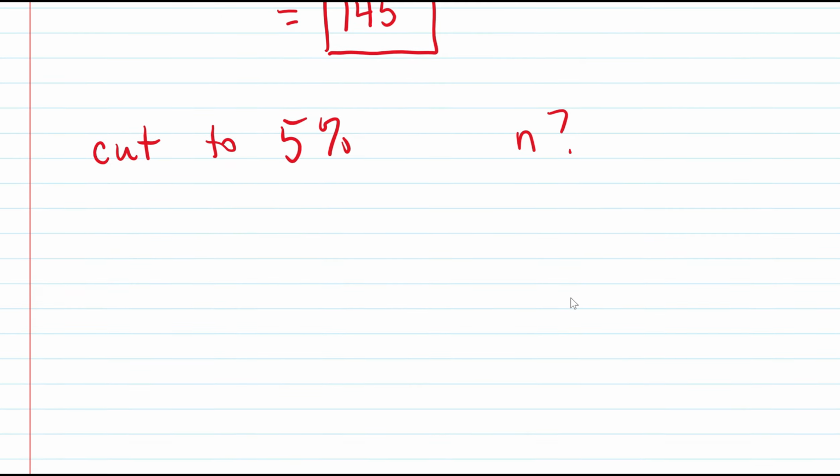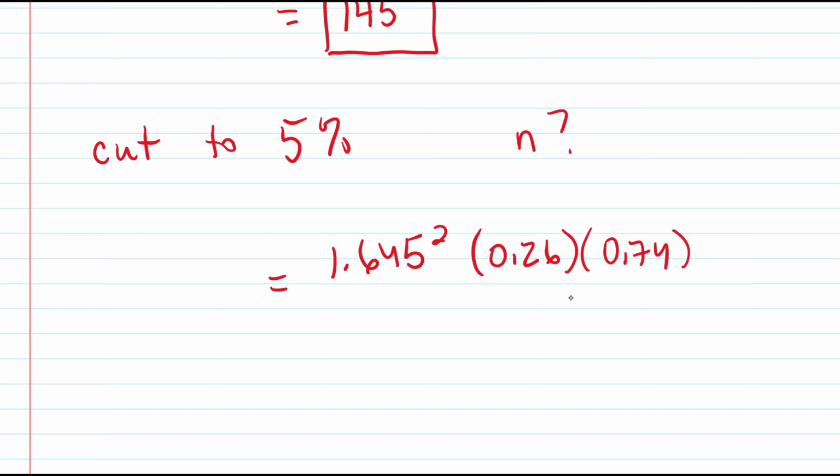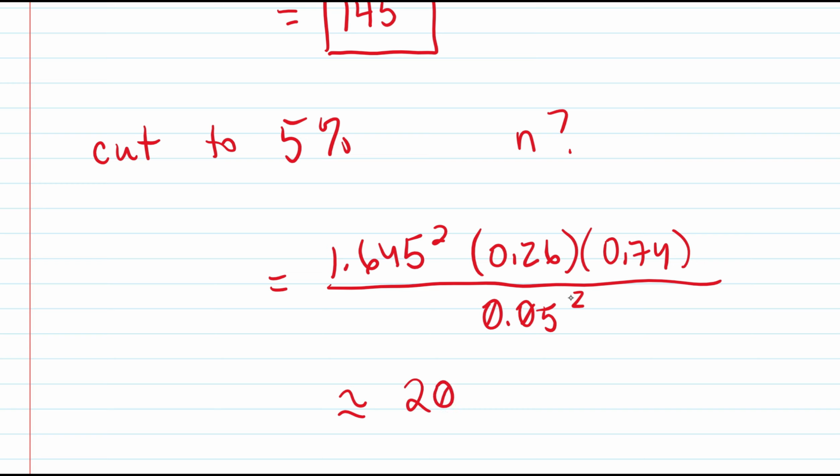So all that needs to be done is we plug in the values, 1.645 squared, 0.26, 0.74, and then we just create that change of 0.05 squared, right? That's all we do. And then crunch the numbers, we get approximately 209.